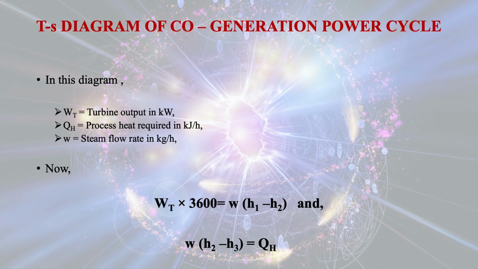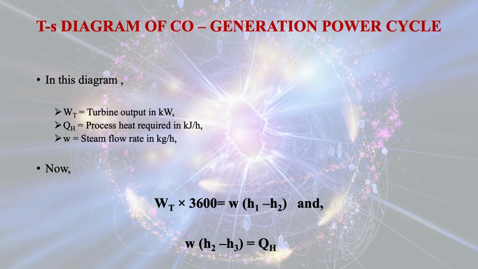Here we are multiplying by 3600 because turbine work is given in kilowatt, that is kilojoule per second. We have to convert into kilojoule per hour. Now w into (H2 minus H3) is equal to QH, that is heat given out to the cold water for heating up, which can be used in the industries in the process heater.